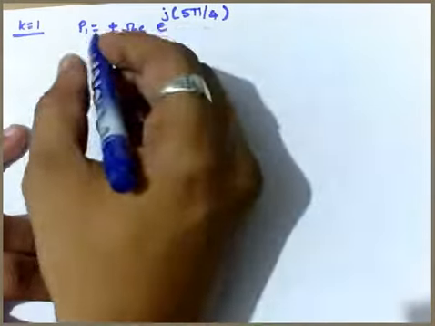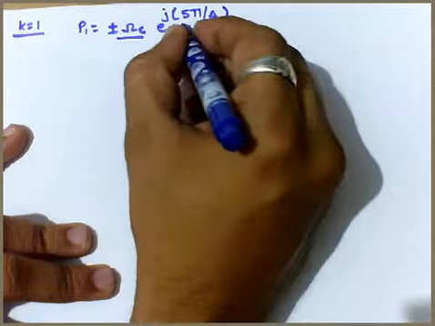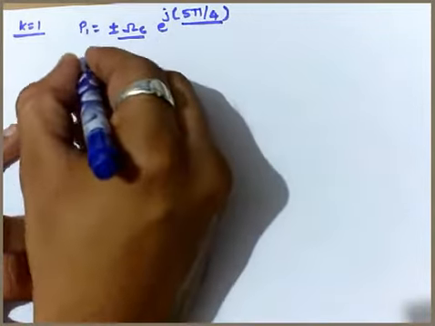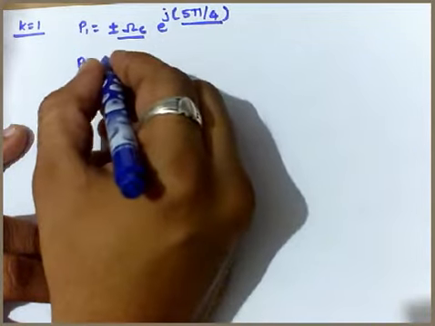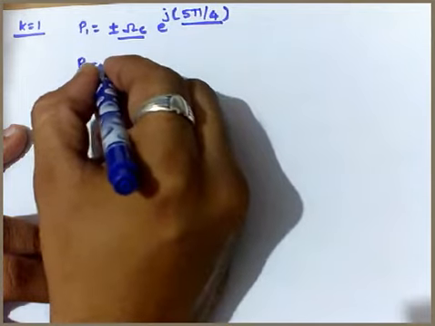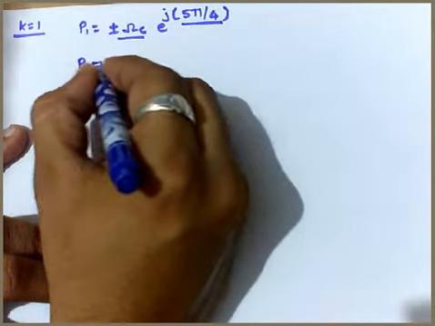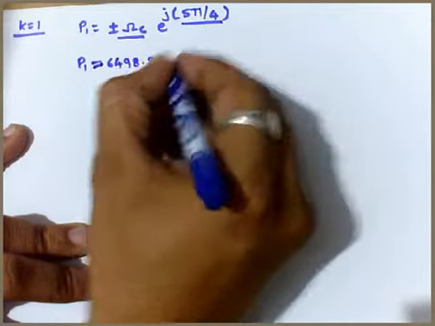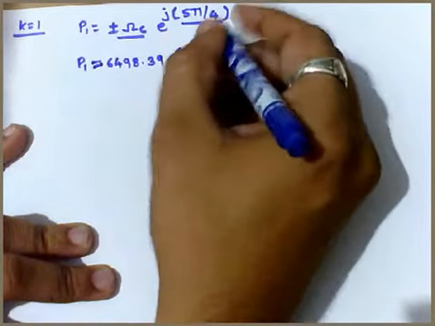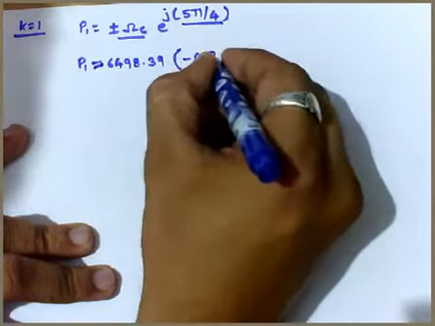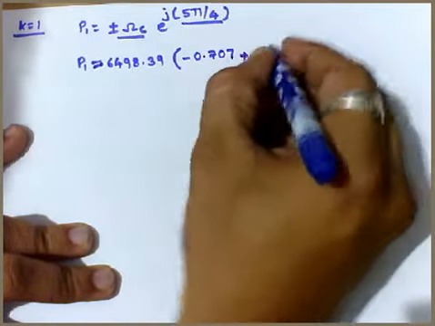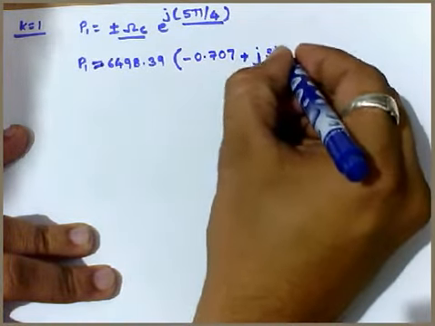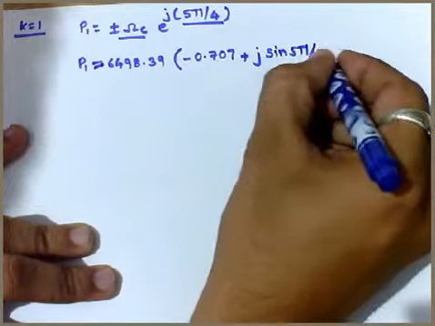So for P1, again by putting the Ω_C and by solving it, let me consider the first value, 6498.39. So cos 5 pi by 4 is nothing but minus 0.707 plus j sin 5 pi by 4.